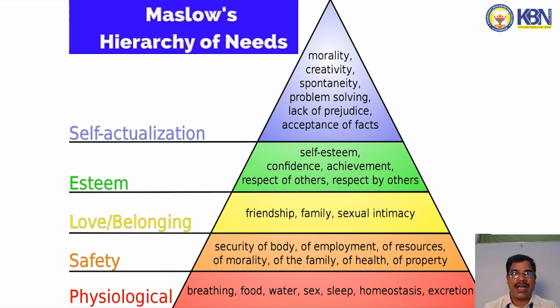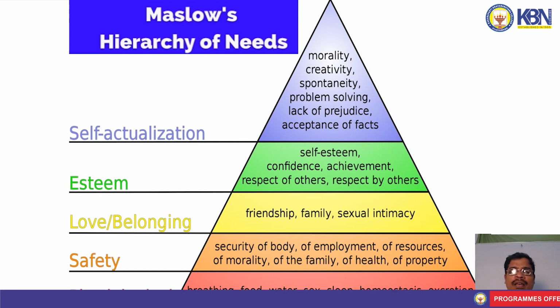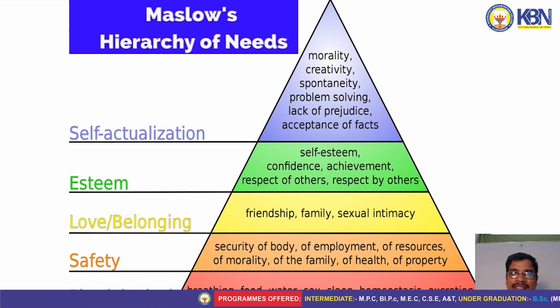And coming to the last one, that is self-actualization needs. Here the individual, after attaining all the required needs, from physiological needs to the self-esteem needs, wants to be a self-actualized person.